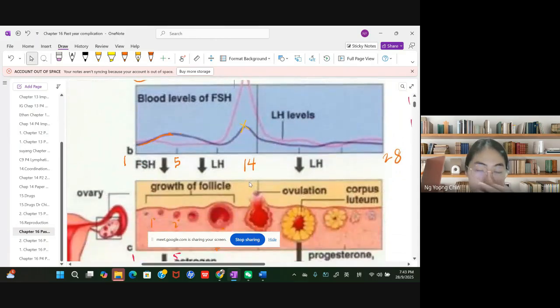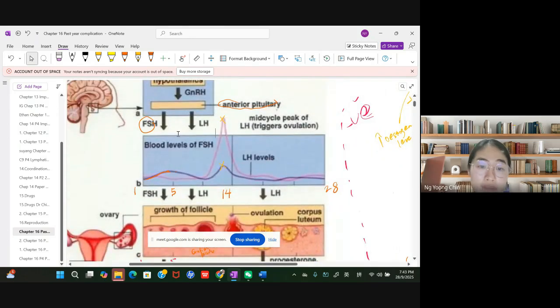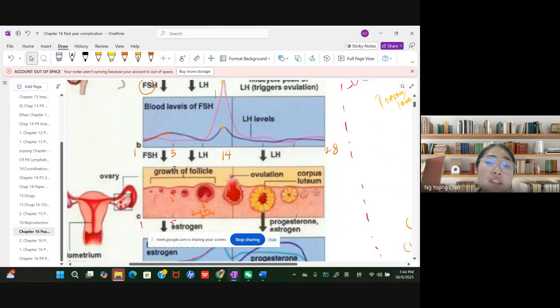So to recap, initially the hypothalamus secretes the GnRH. The GnRH stimulates the anterior pituitary gland to secrete the FSH hormone. The FSH first stimulates the growth of the follicle. This is our first step. Initially the estrogen level is very low because estrogen is produced by the follicle cell.